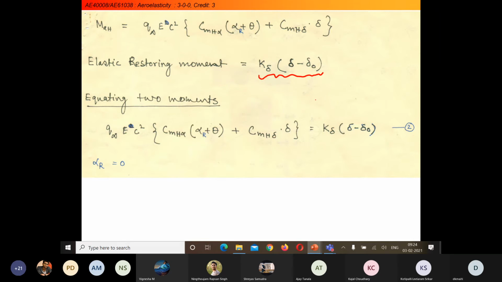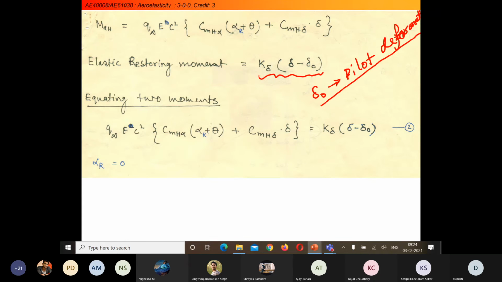Let me come to this explanation. This delta naught is the pilot demand. Pilot is looking for this deformation.